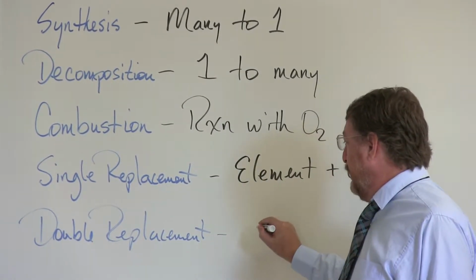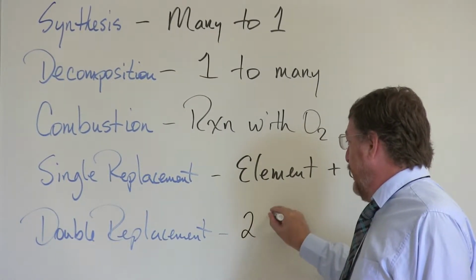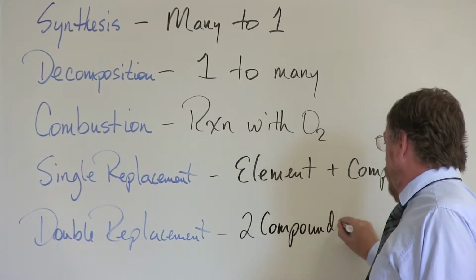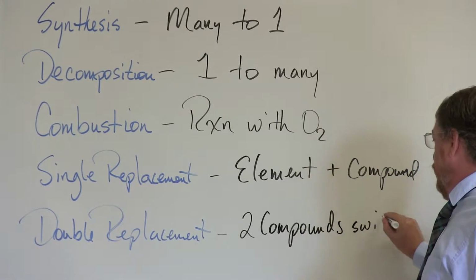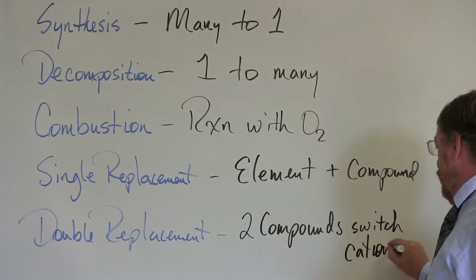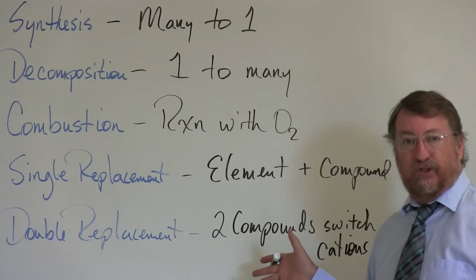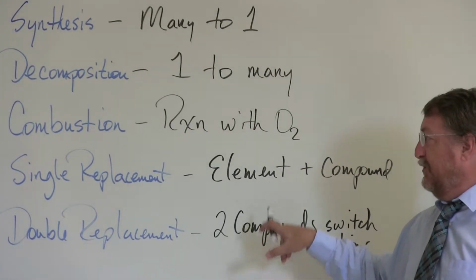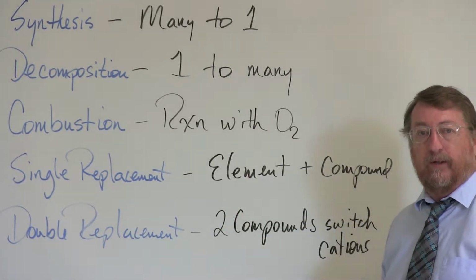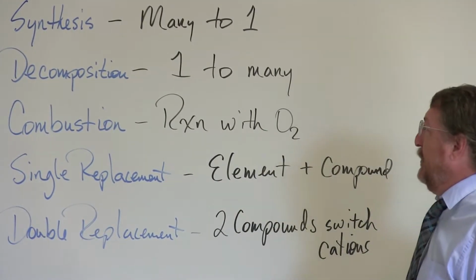In double replacement, we have 2 compounds switch cations. So the cations are going to switch into 2 compounds. Difference in double replacement and single replacement? Pure element. Pure element in single replacement. Okay, so let's look at this.